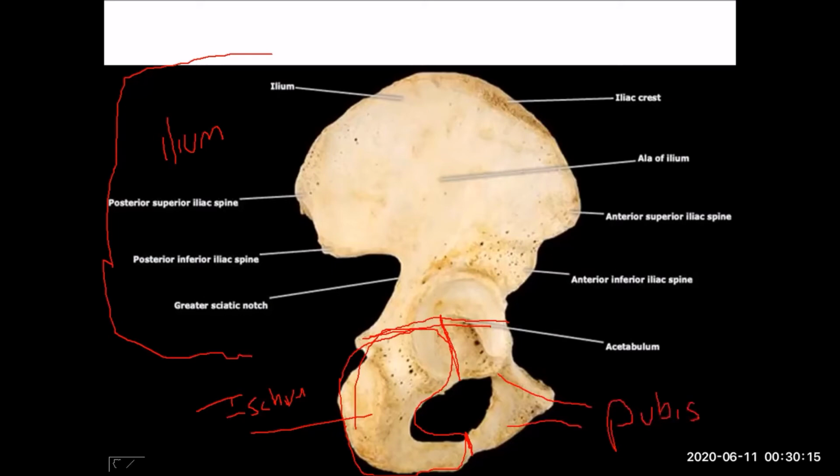So this happens to be a right side coxal bone, and here's the anterior side versus the posterior side back here. Ilium, ischium, and pubis. So now we'll go into the details specific to the ilium.